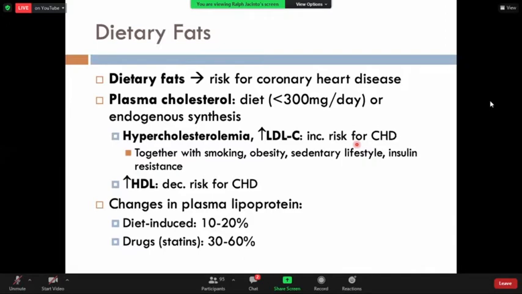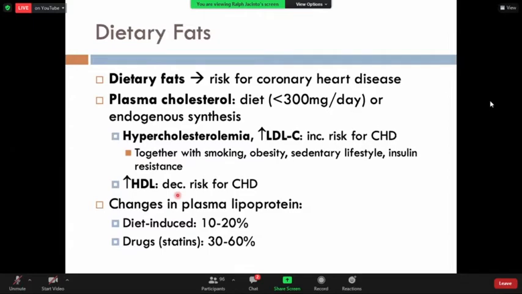However, this is together with other risk factors as well, such as smoking, obesity, sedentary lifestyle, and diabetes or insulin resistance. However, an increased level of HDL would actually decrease our risk for coronary heart disease.